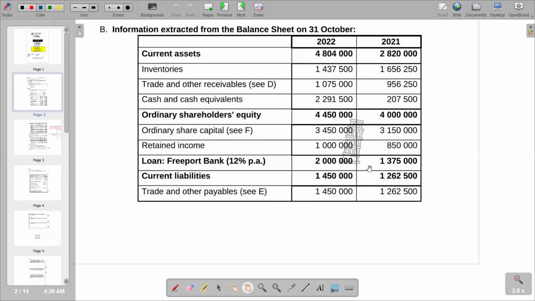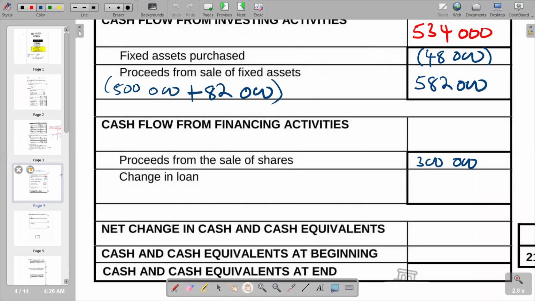It's an inflow, which we show as a positive by saying 2 million minus 1,375,000. Obviously, we should show this as a positive. For the cash flow from financing activities, we say 625,000 plus 300,000.